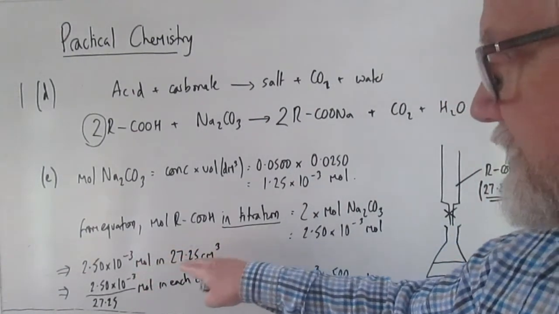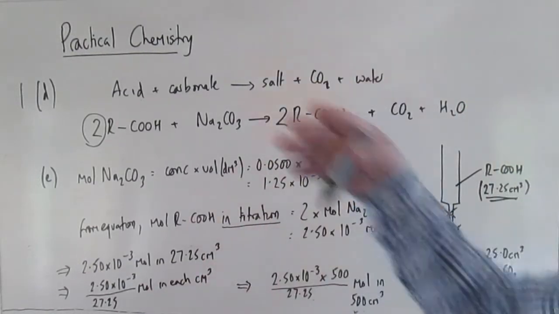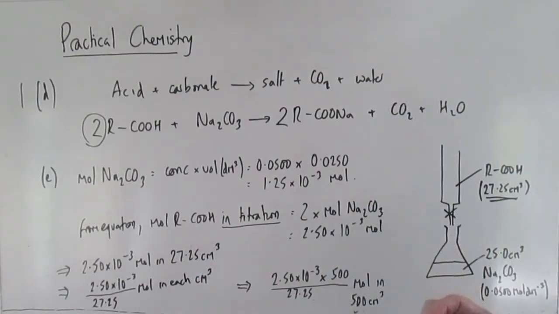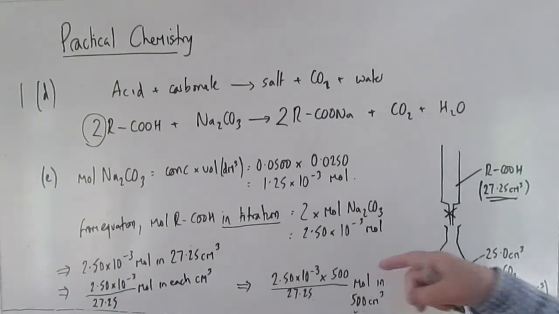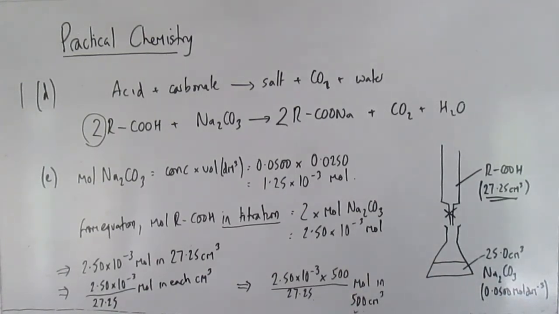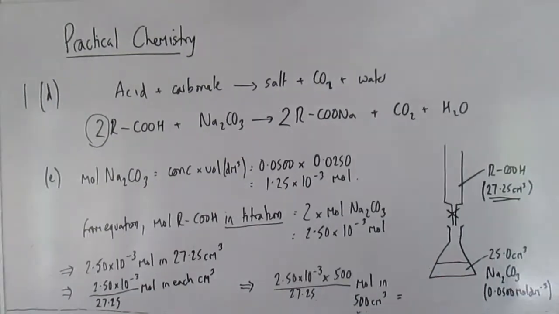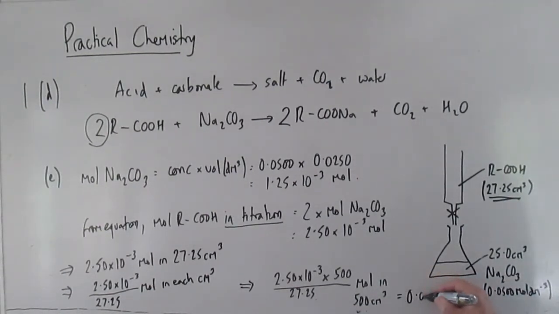Work out how many moles there are in each 1 cm cubed, and then multiply that by the total number of cm cubed in the big pot, which was the 500 cm cubed pot, so you multiply by 500. And that comes to 0.04587 moles, or you could write 0.0459 rounded to 3 significant figures at that point if you wanted to.